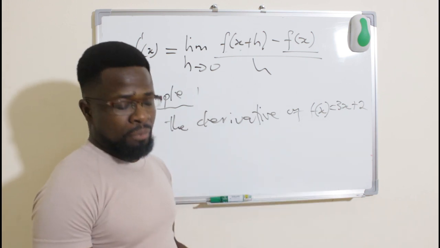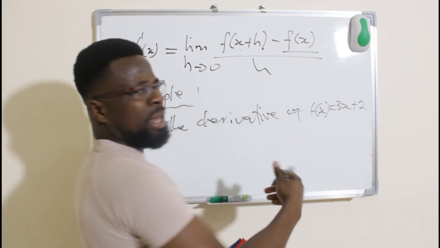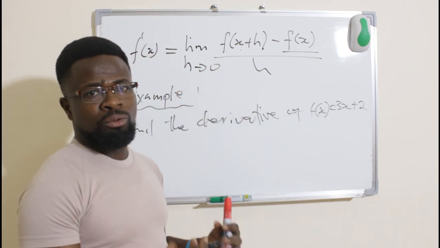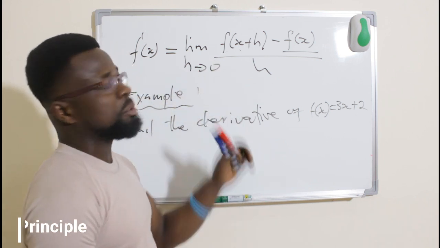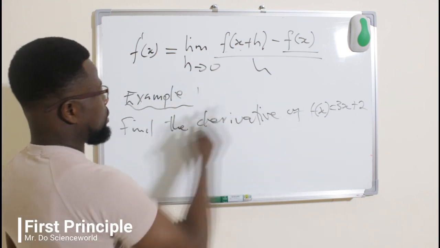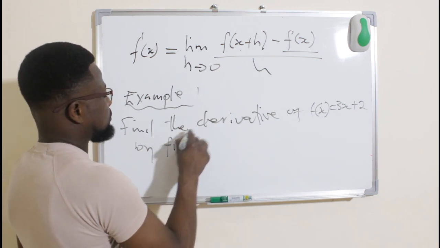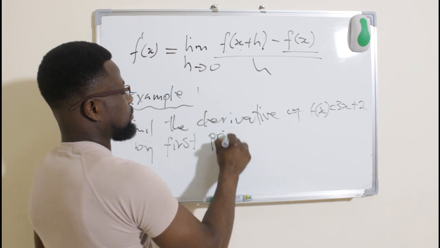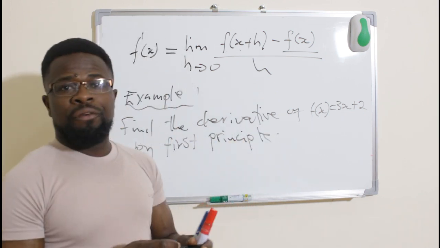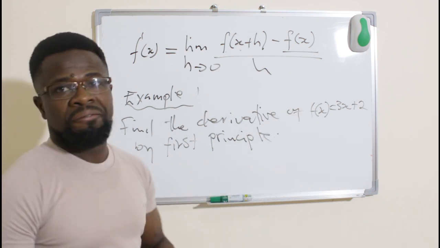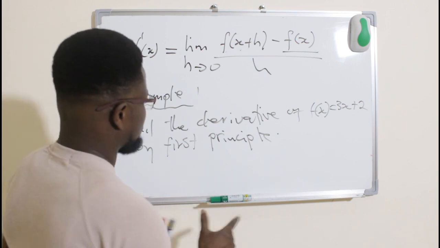But if I'm given the question like this, we can solve by using the differentiation rule or by first principle. Because we are dealing with first principle, I'm going to say by first principle. Alright, so we want to find the derivative of this function by first principle. Let's begin from here.